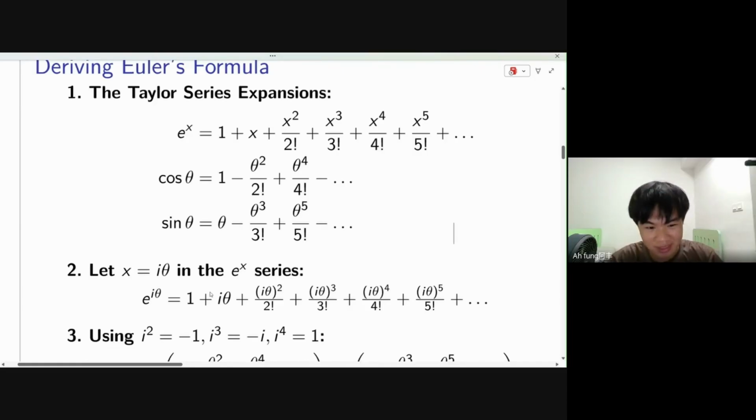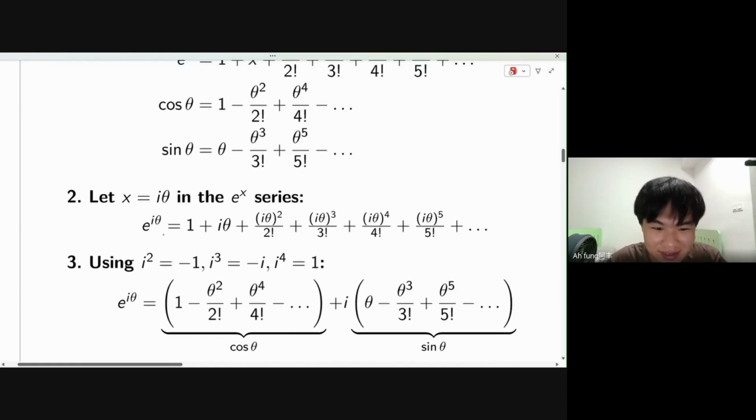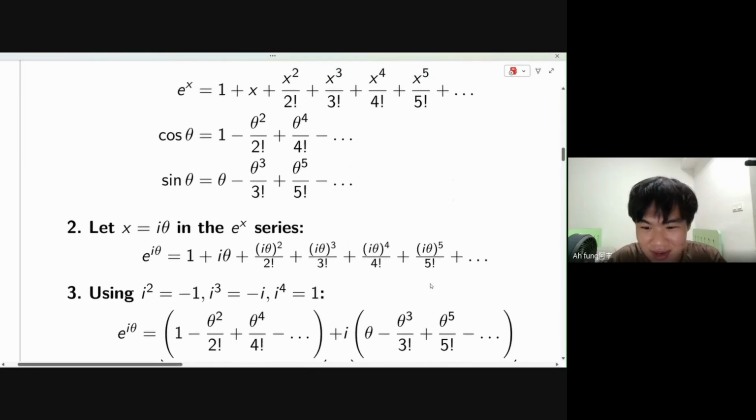What if we let x equal to I theta? E to the power I theta is equal to this. For the powers 1, 3, 5, I to the power of 1, I to the power of 3, I to the power of 5 are still imaginary: I, minus I, and so on.